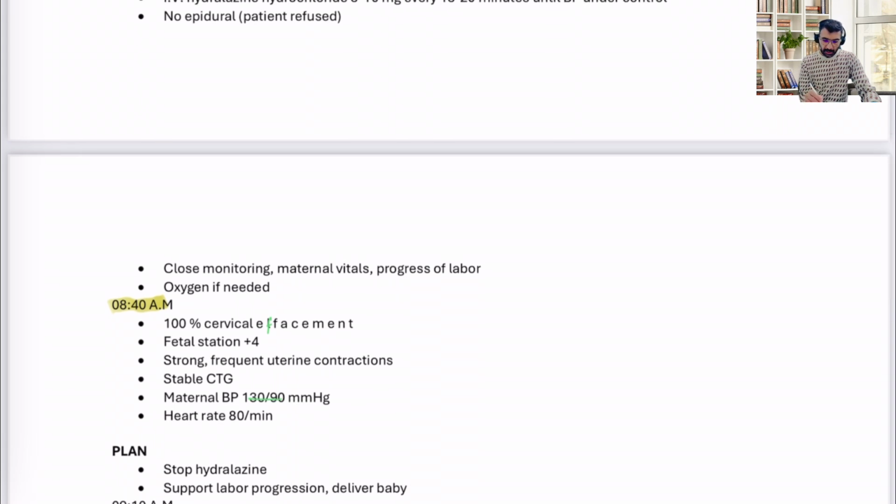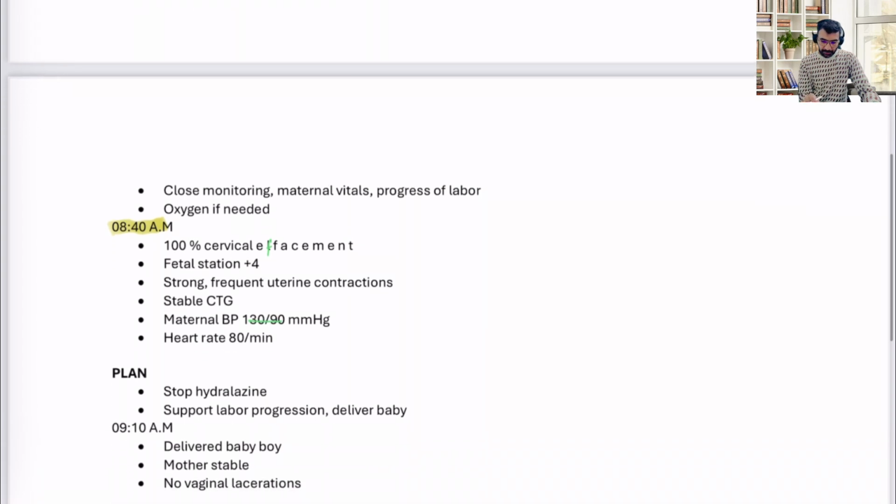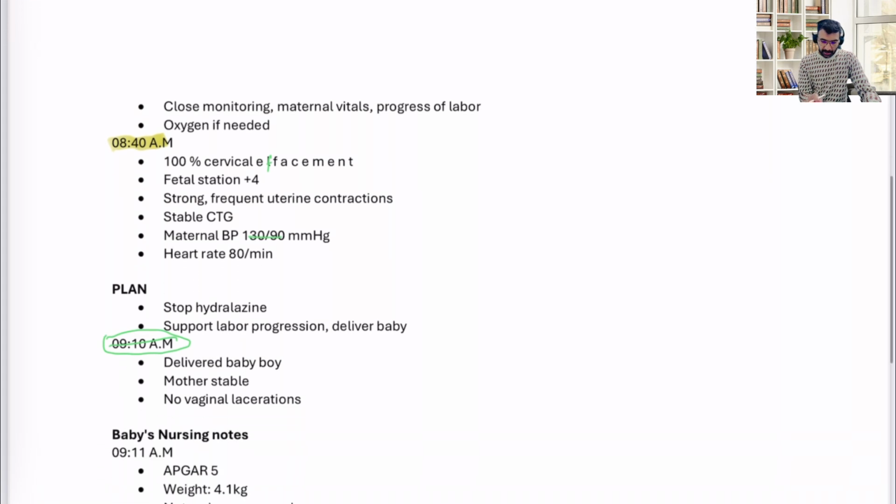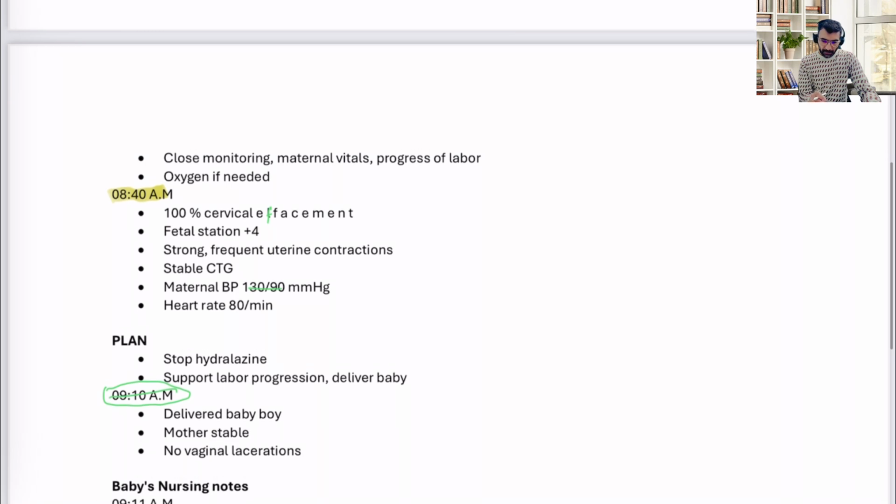Then plan: stop hydralazine, support labor progression, deliver the baby. At 9:10 a.m., delivered the baby, mother stable, no vaginal lacerations. So we will select the content until here.